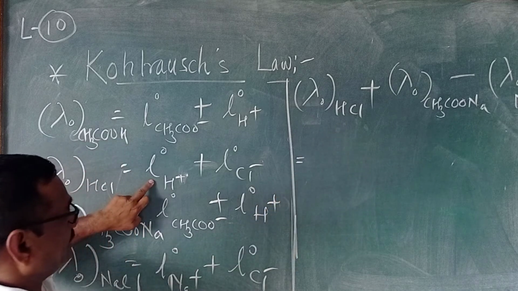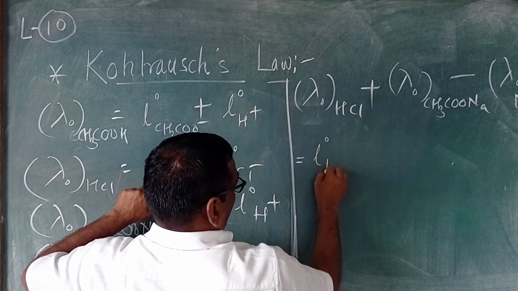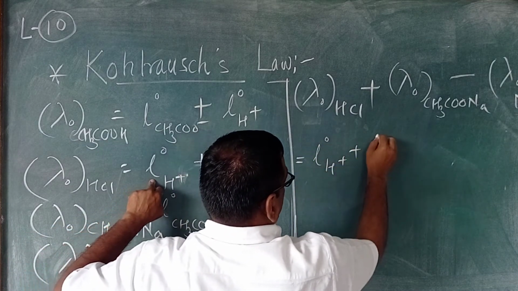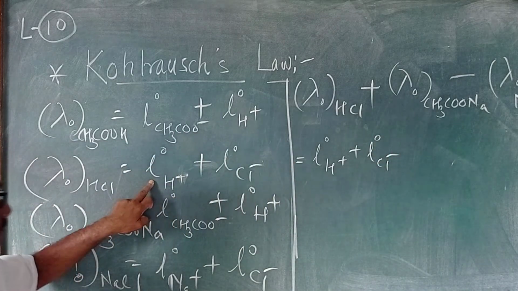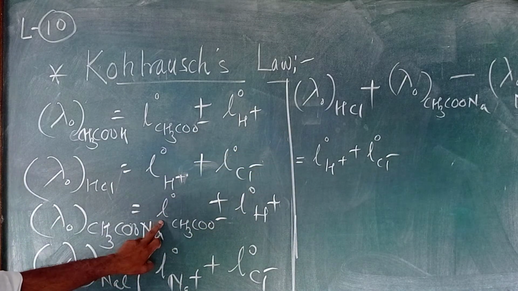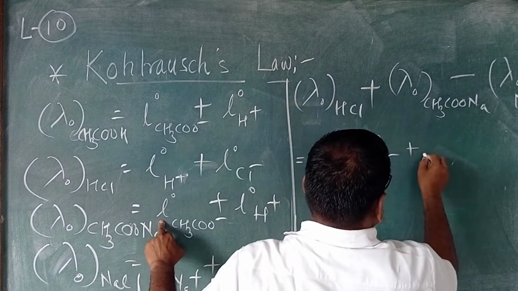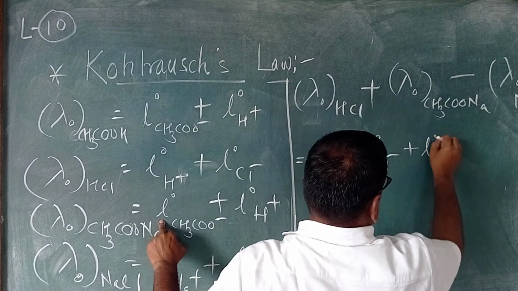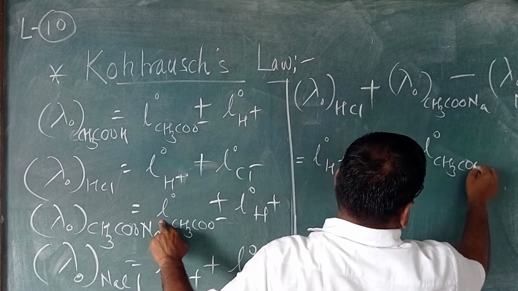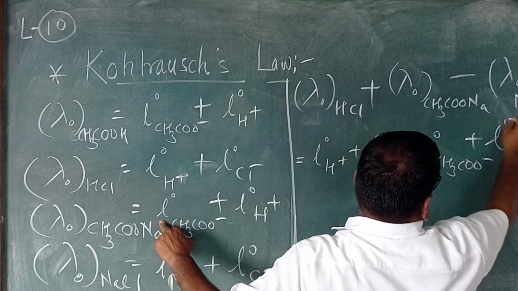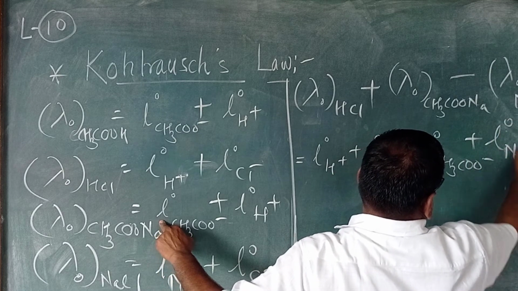How will you find this? HCl is L0 H plus plus L0 Cl minus. Sodium acetate is L0 CH3COO minus plus L0 Na plus.